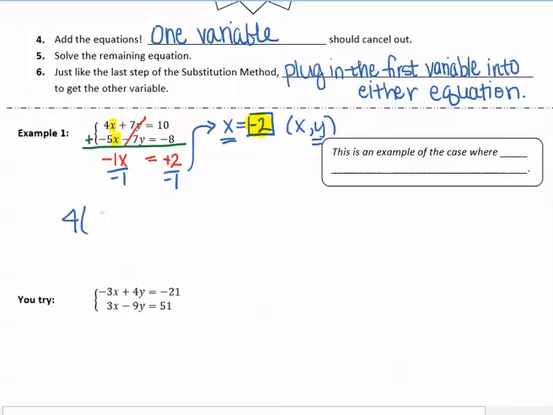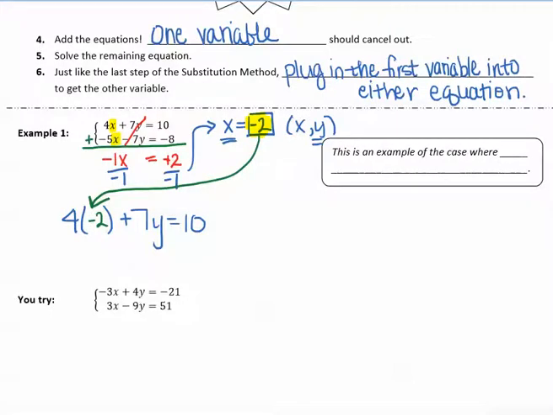So 4 times x plus 7y equals 10. So I'm plugging in -2 right here for x, which gives me -8 plus 7y is equal to 10. Add 8 to both sides.